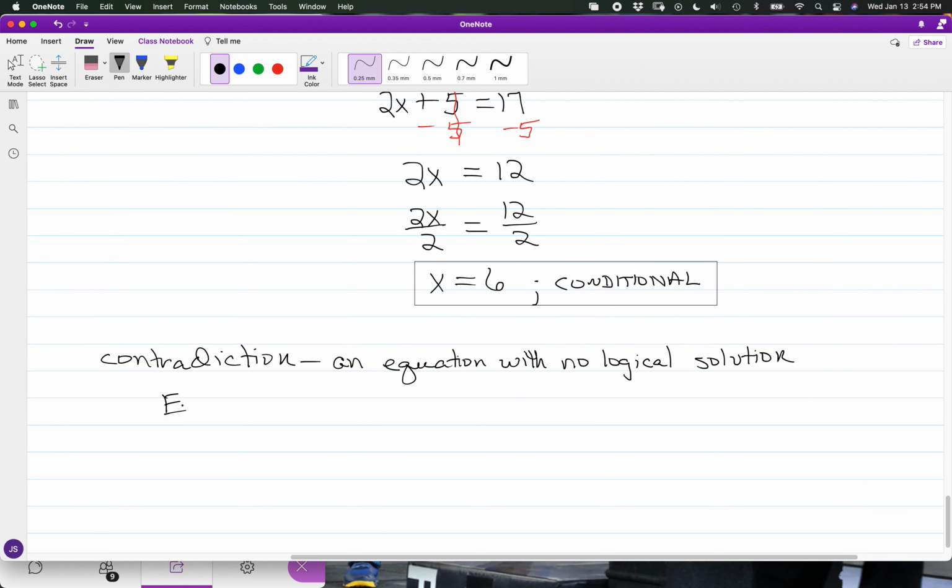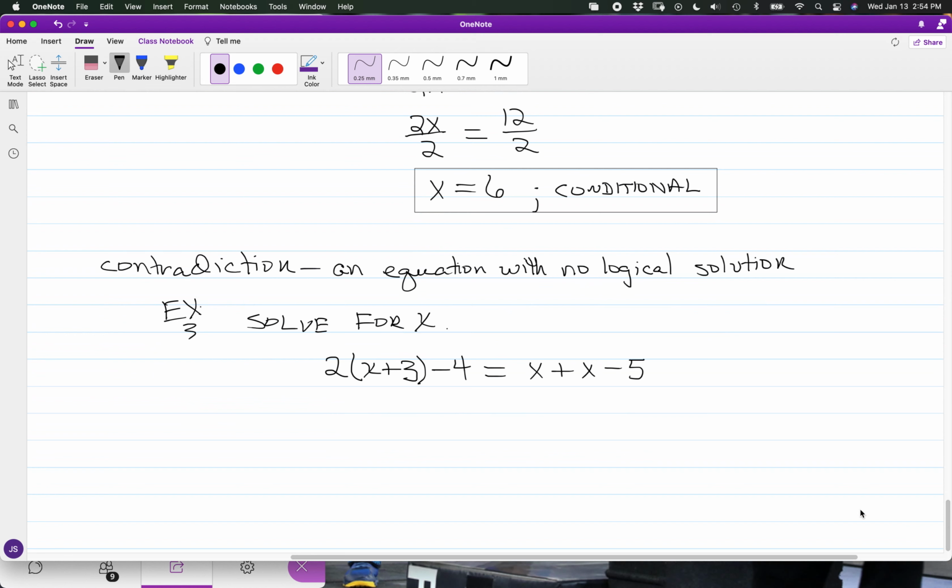Let's say, once again, we're trying to solve for x, and we'll say that we have 2 times the quantity of x plus 3, minus 4, is equal to x plus x minus 5.